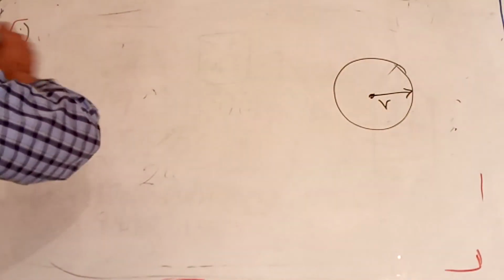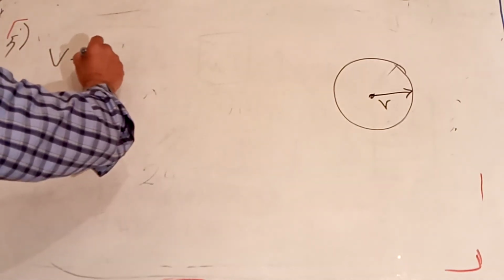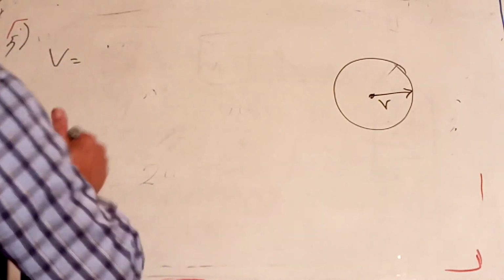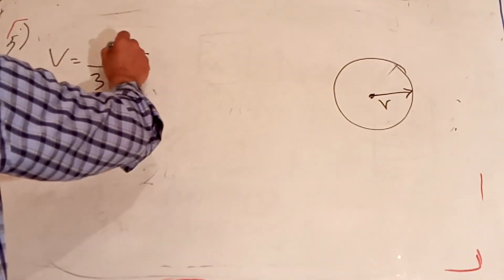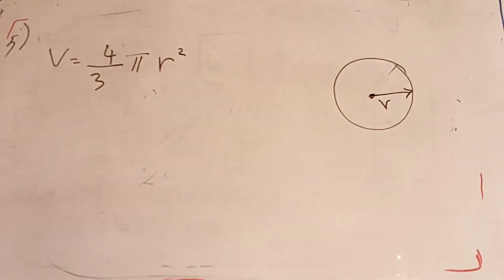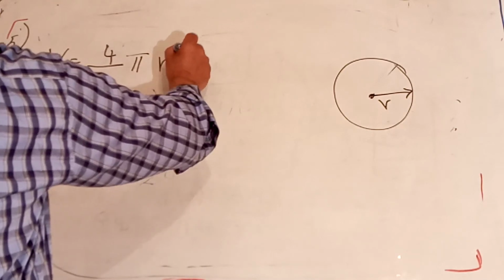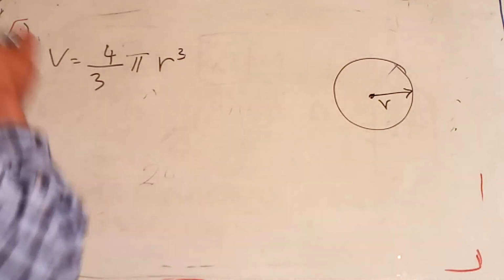So we have the volume of a sphere, volume equals 4/3 pi r cubed. Volume should be in cubic, not square. But let's go to differentiation again, just a very quick note. If you don't want to know it, it's okay.